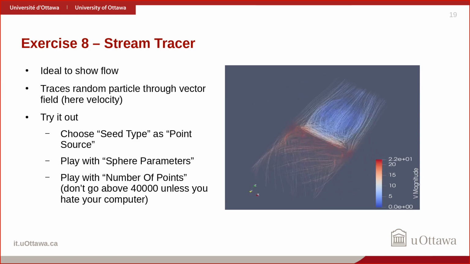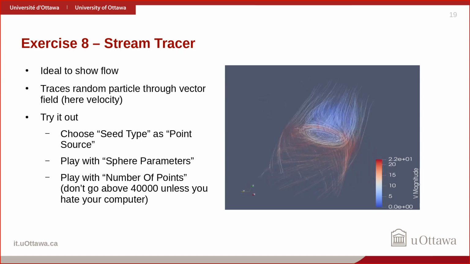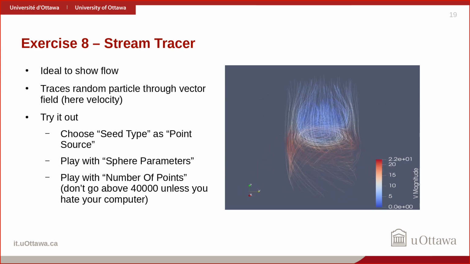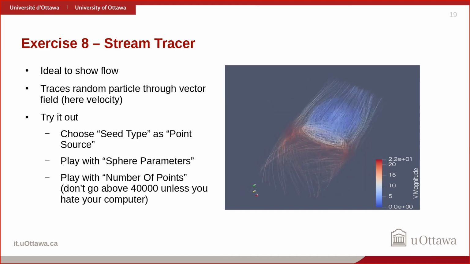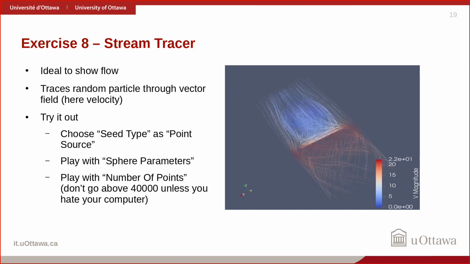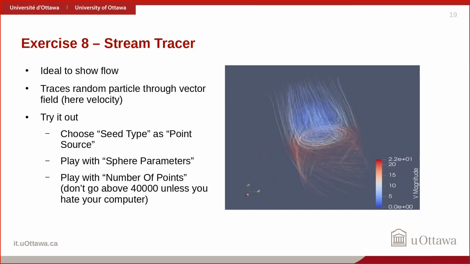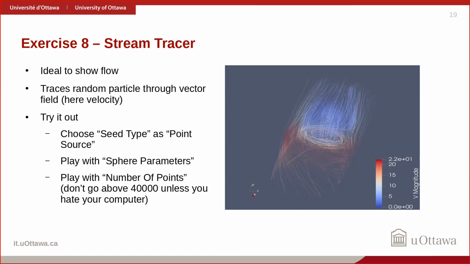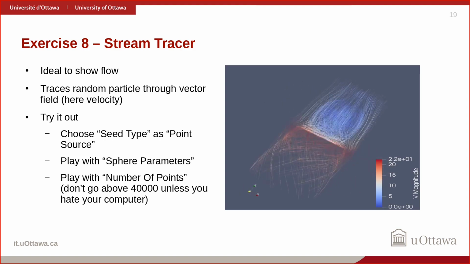Velocity is a 3D quantity, so it's a vector. So what this does is it takes that particle and then it follows all the arrows and it leaves a line behind. So you can see all the paths that a particle would follow. And it does that for many, many different particles. And it allows you to see all the flow lines inside of your data set.